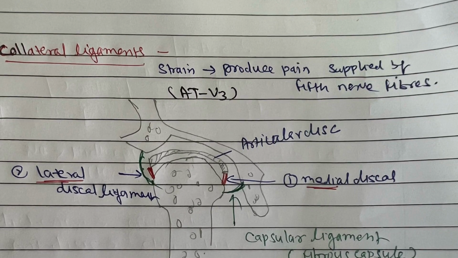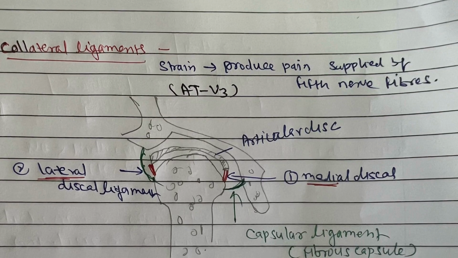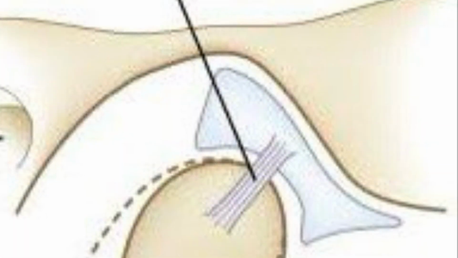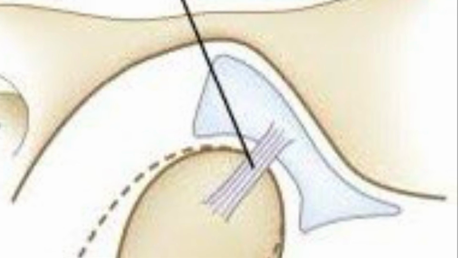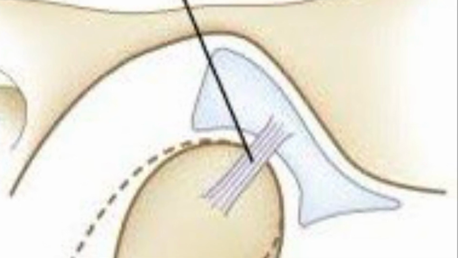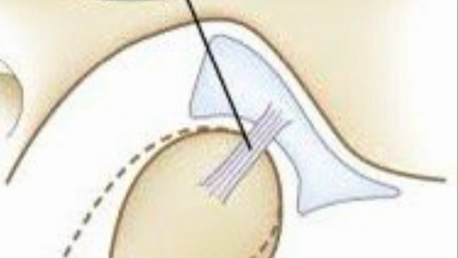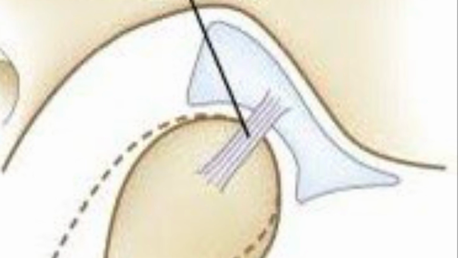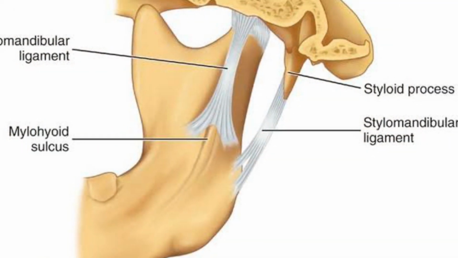So these two ligaments, medial and lateral discal ligaments, are part of the intrinsic ligaments of this TM joint, and combined they are called the collateral ligament. The intrinsic ligaments of the TM joint are the capsular ligament, collateral ligaments, and lateral temporomandibular ligament.